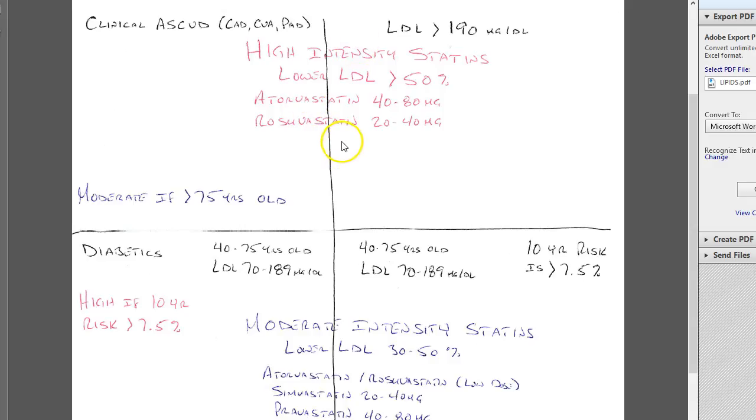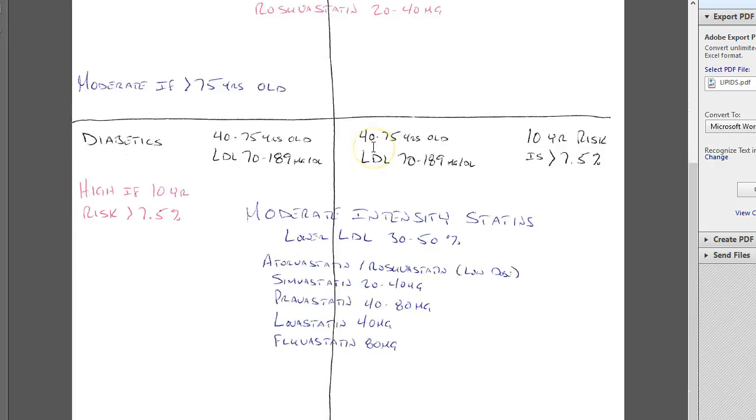Now that brings us down to our next folks in boxes 3 and 4. Over here in the lower left, we have our diabetics between the age of 40 and 75, with an LDL between 70 to 189 milligrams per deciliter.